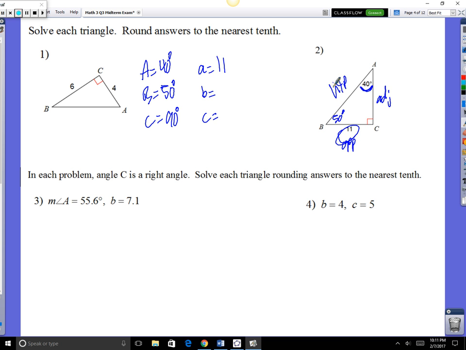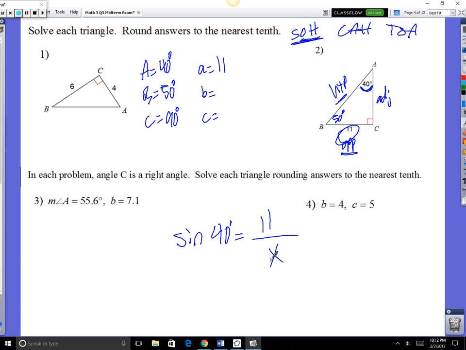So if we use 11 with the hypotenuse, that's opposite with hypotenuse, and that trig is your sine. So if we do sine from the 40 degrees, the fraction looks like 11 on top and x on bottom.